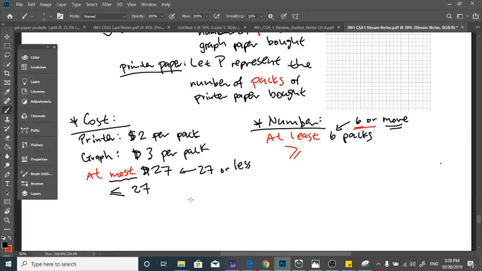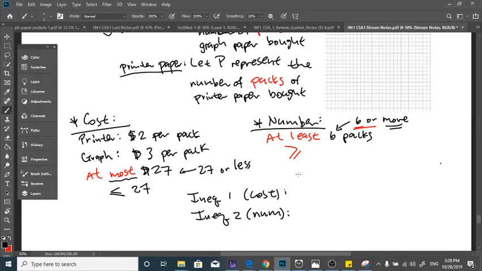Okay, so let's get our inequalities. So I'm gonna abbreviate it inequality 1. So this is gonna be about cost. Inequality 2 is gonna be about number.